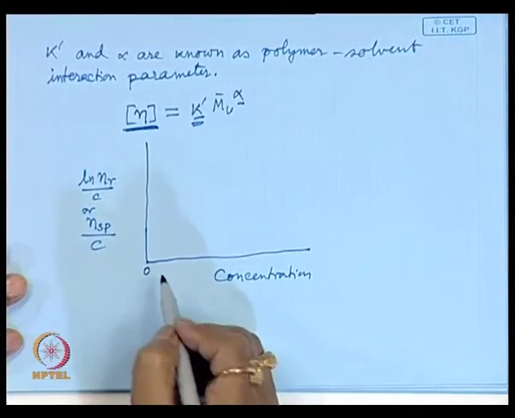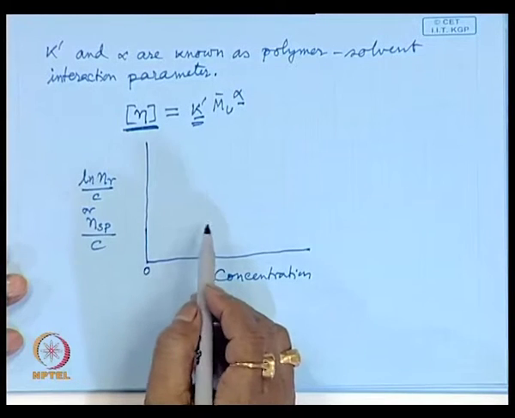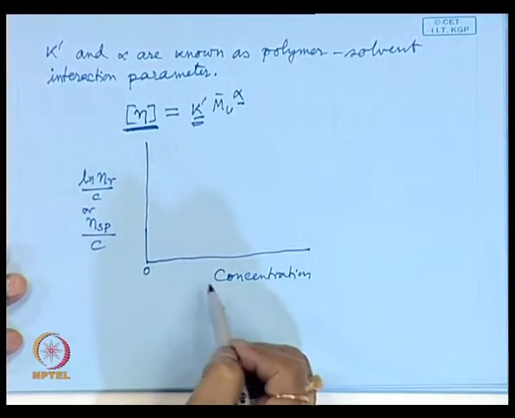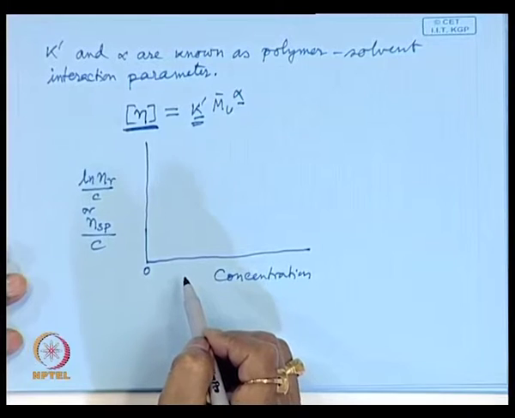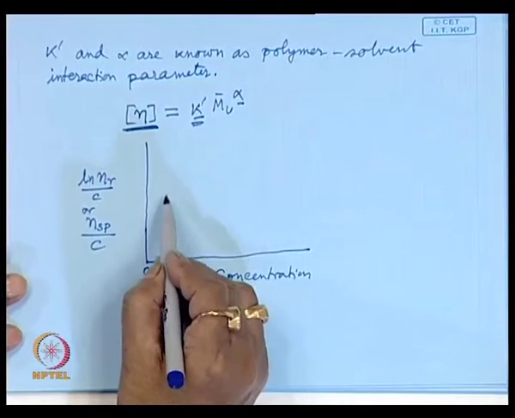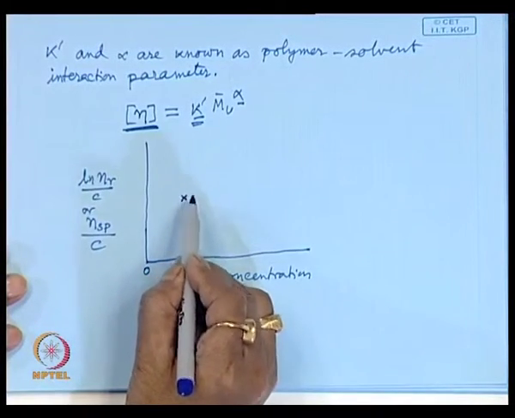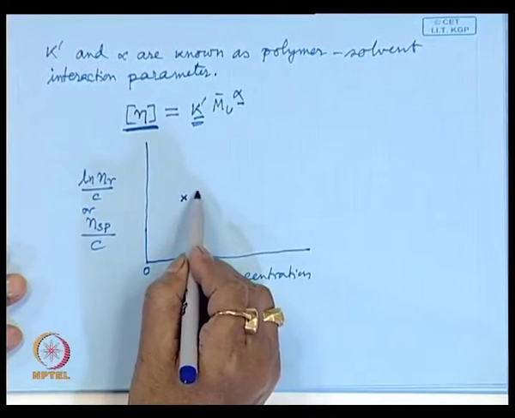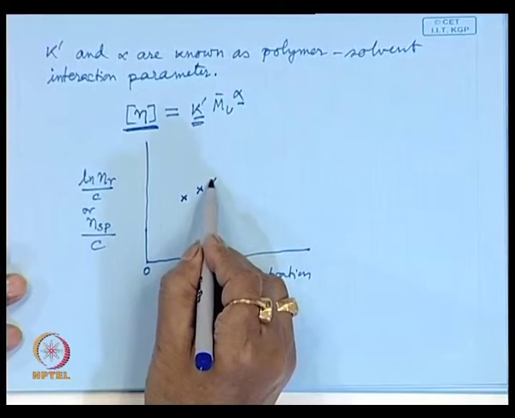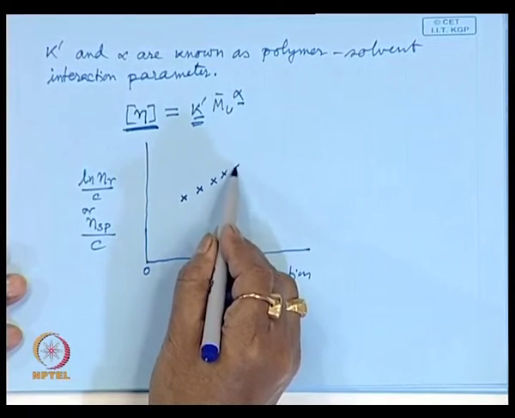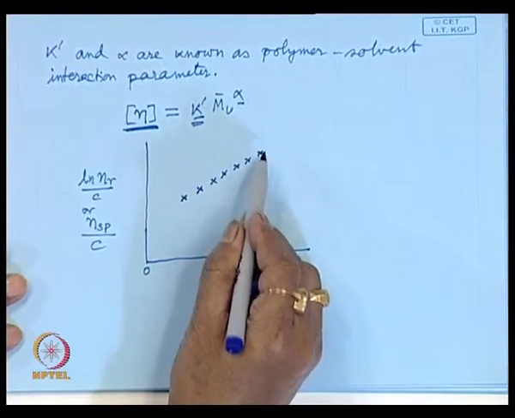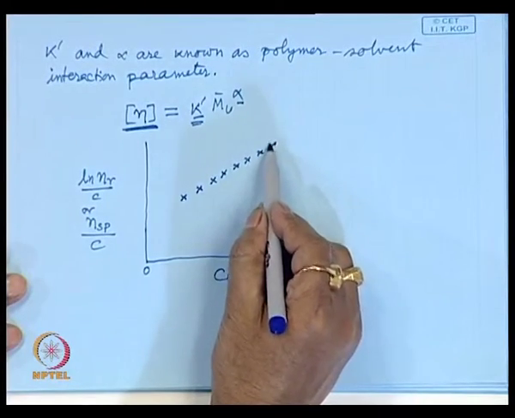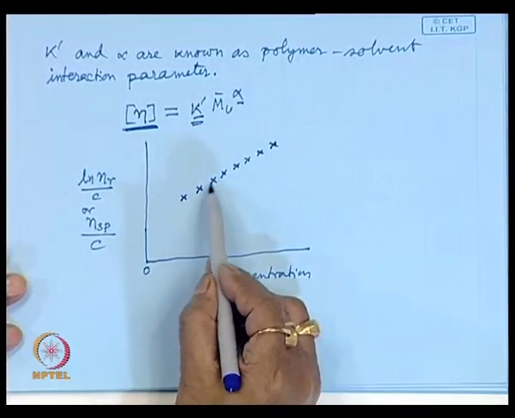This is 0 concentration, and you have to measure the viscosity of different concentrations. So, for different concentrations you get these eta specific by C values.